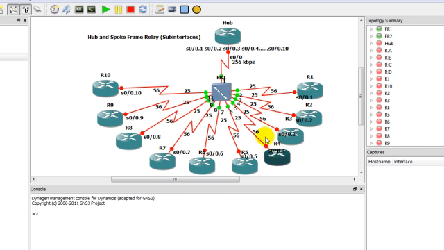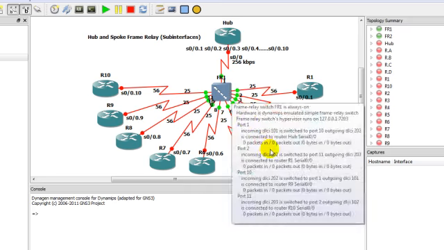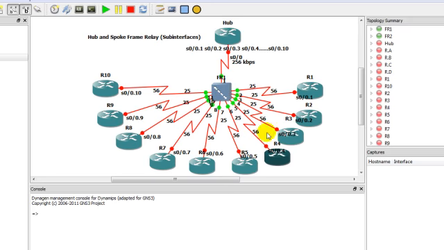Let's suppose we have an access line with 4 virtual circuits, 1, 2, 3 and 4.